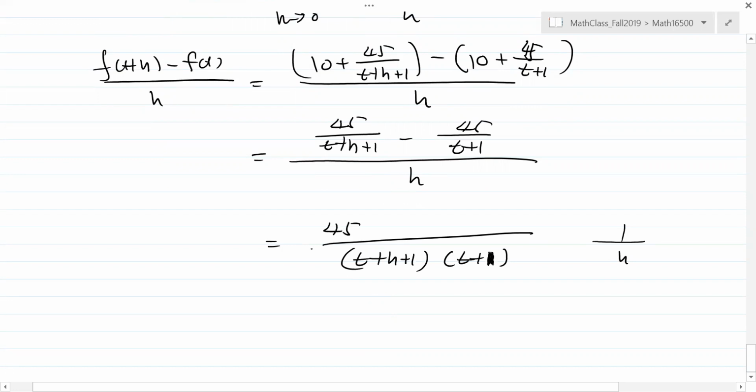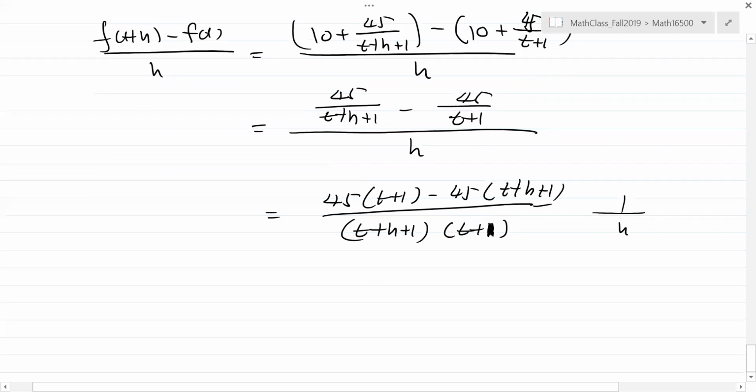And here's 45. Then it's (t plus 1) minus (t plus h plus 1). The t plus 1 will be canceled out, clearly. So you will get 45 times (t plus 1 minus t plus h plus 1), and it's only negative h there.